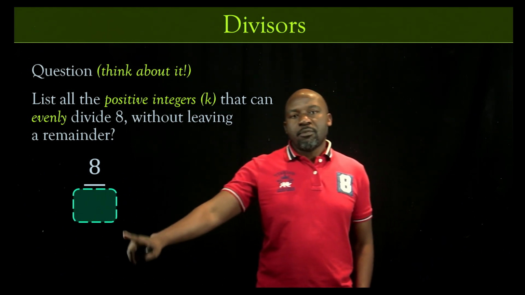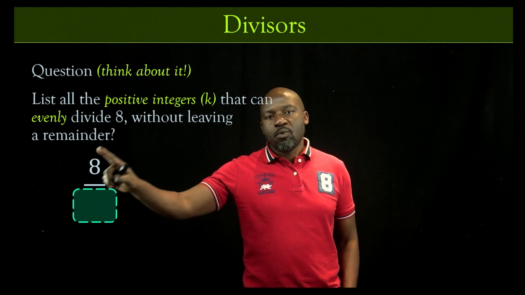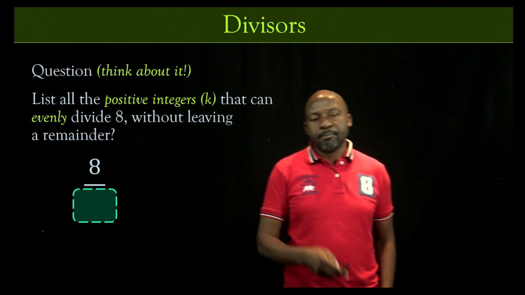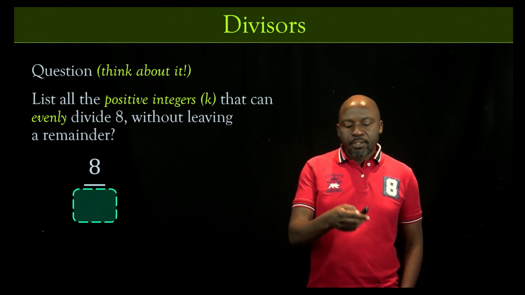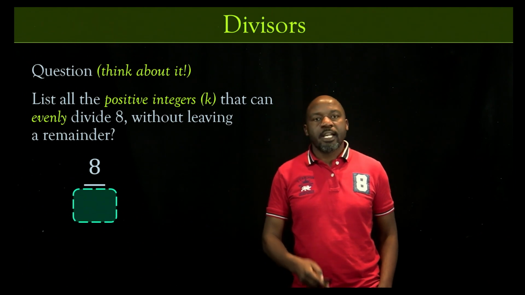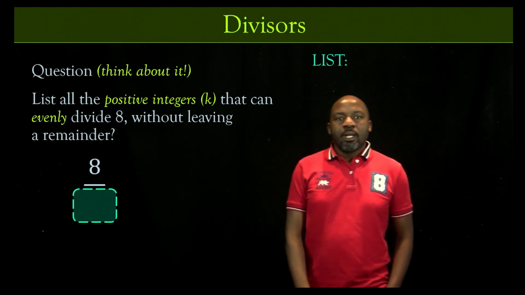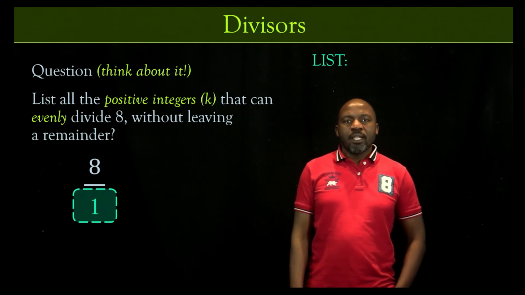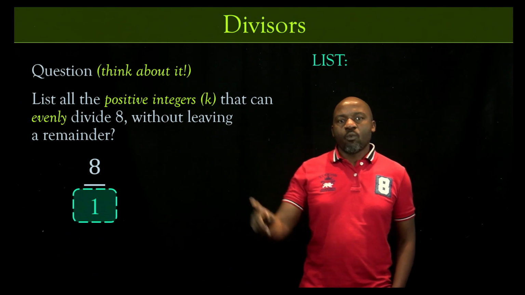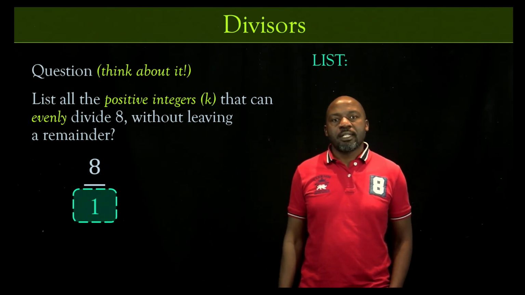So I'm going to try positive integers starting with 1, and I will increase them and see which ones can divide 8 completely without a remainder. And I'm going to list those, and those are going to be the divisors of 8. So let's start with 1. We will put the list up there. If we put 1 there, can 1 go into 8 a whole number of times?